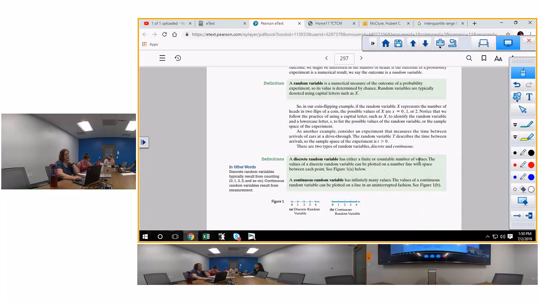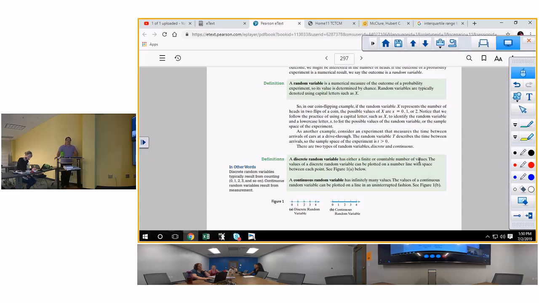Make sure you write down 297, those two numbers, a discrete random variable and a continuous random variable. A discrete random variable means that you're counting the whole numbers. A continuous random variable means that you are counting not only the whole numbers, but you're counting the decimals in between the whole numbers also.